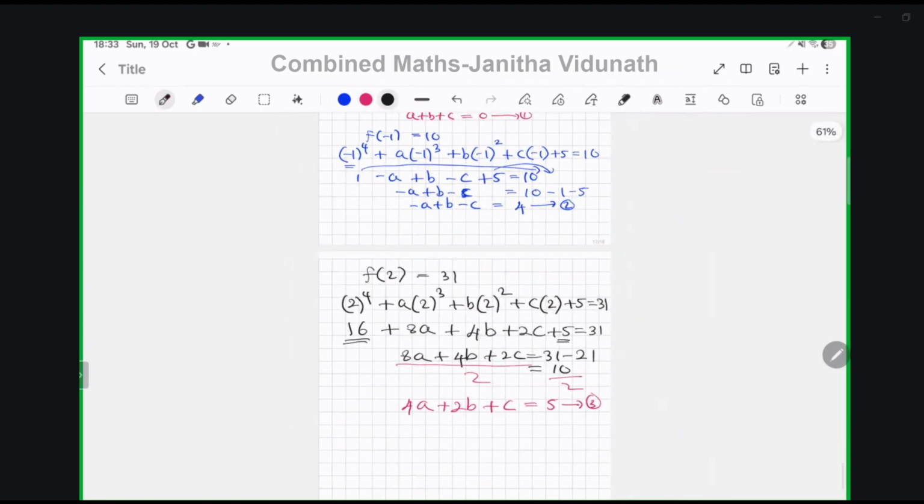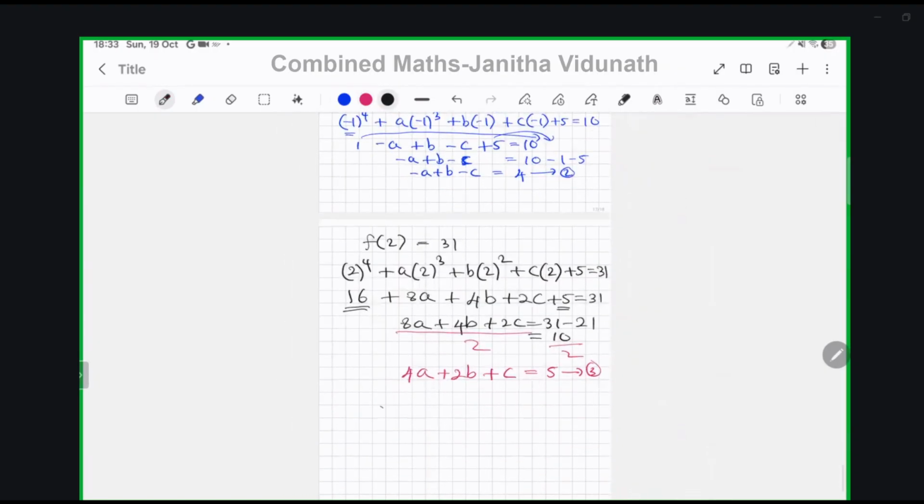Now we have three equations. First one is A plus B plus C equal to 0. The second one is minus A plus B minus C equal to 4. The third one is 4A plus 2B plus C equal to 5.